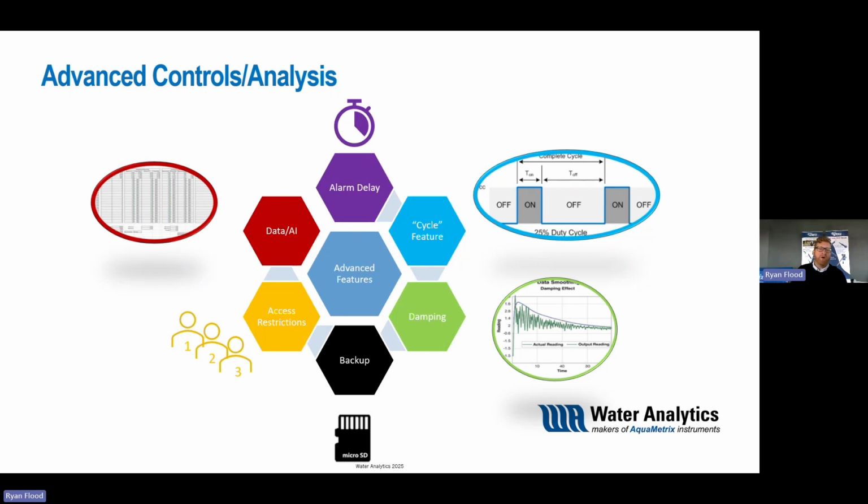And the reason I wanted to flag this from a slide perspective is because with a lot of controllers, you have a problem you want to solve, right? You know exactly what you want to solve. But it's nice when you have some of these other features in there, because you can start to solve the problem that you didn't know you needed to solve. And a lot of that's going to come right from data and AI analytics, but it's also making sure that your system is continuing to operate in the best way possible, but from a simple standpoint.